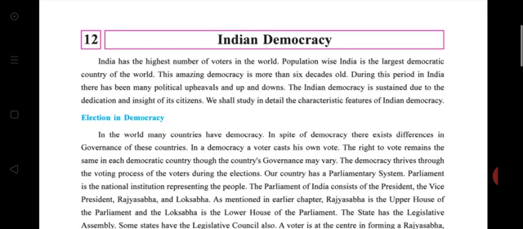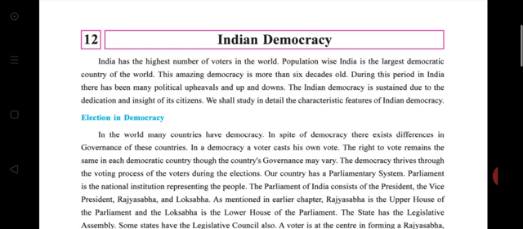During this period in India, there have been many political upheavals and ups and downs. Indian democracy has been sustained due to the dedication and insight of its citizens. We should study in detail the characteristic features of Indian democracy.